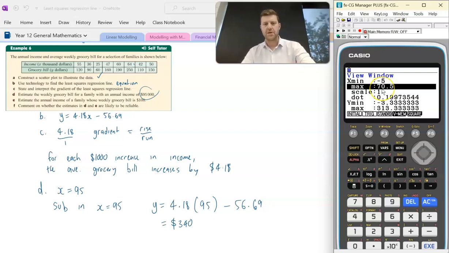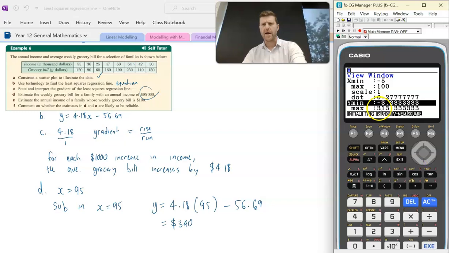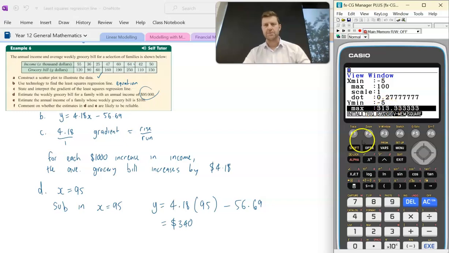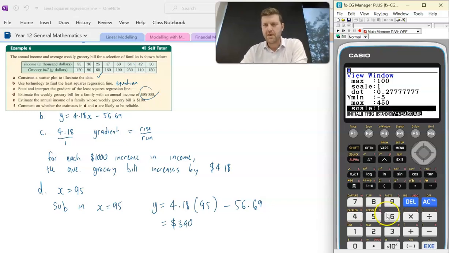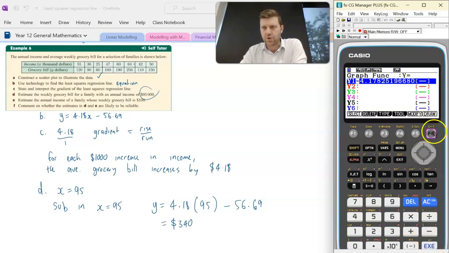My maximum here is going to be 100 just so that we encompass that 95. For my y axis, again, let's set the minimum as -5 so we can see that. And let's set the maximum to, obviously it needs to be more than 340, but you can make it a little bit bigger if you want. Let's set it to 450, for example. It doesn't have to be that. And then go ahead and hit execute and draw.